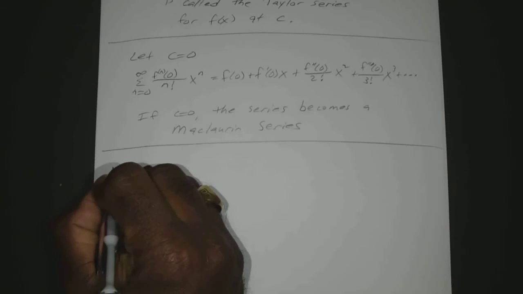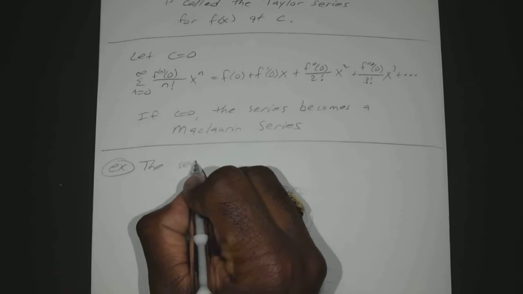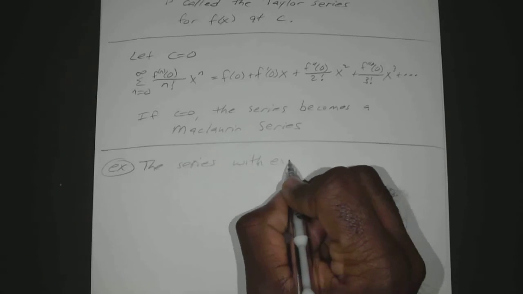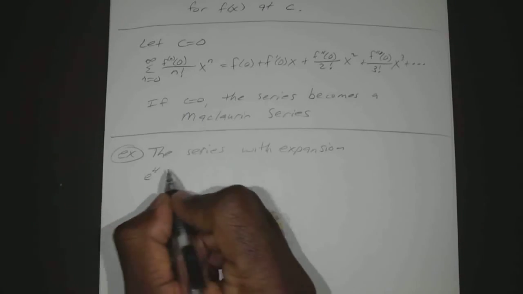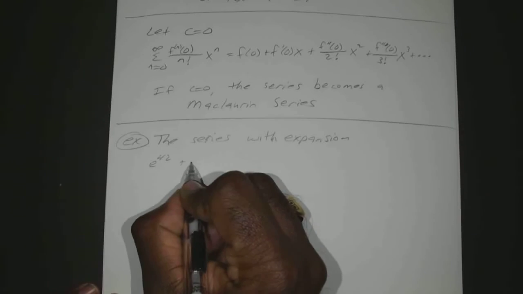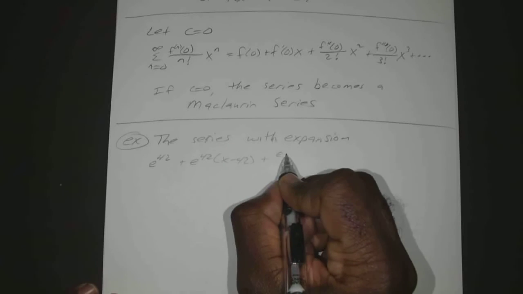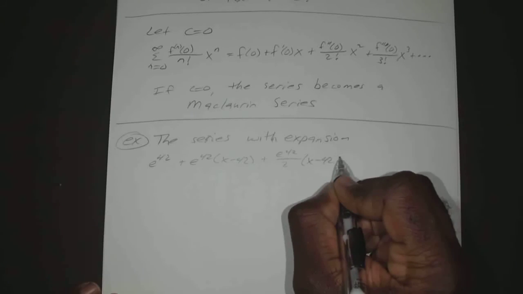All right, so let's say, for example, the series with the expansion e to the 42nd power plus e to the 42nd power times x minus 42 plus e to the 42nd power over 2 times x minus 42 squared plus e to the 42nd power over 6 times x minus 42 to the 3rd power.